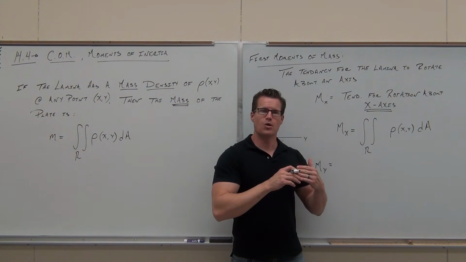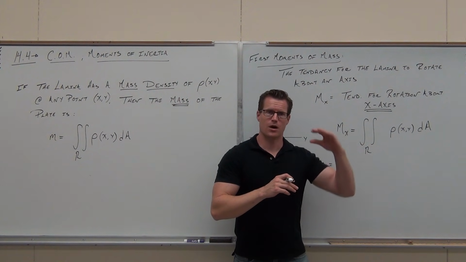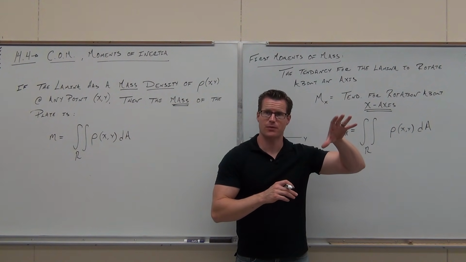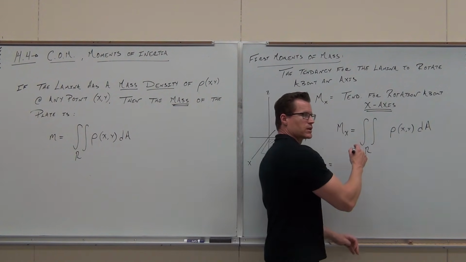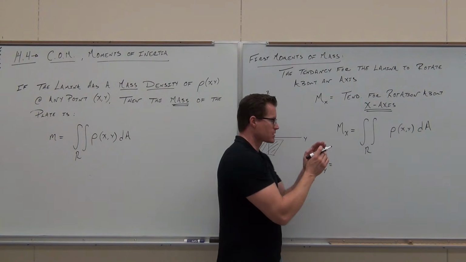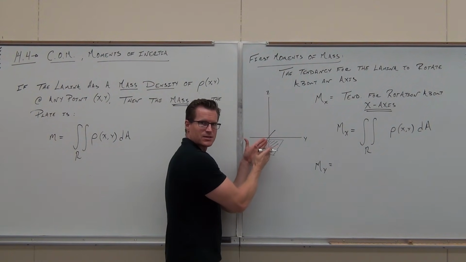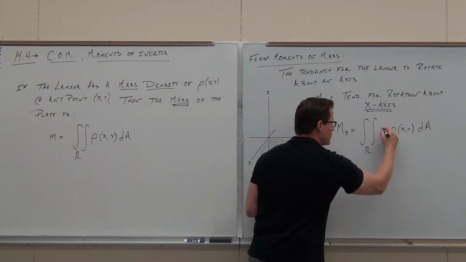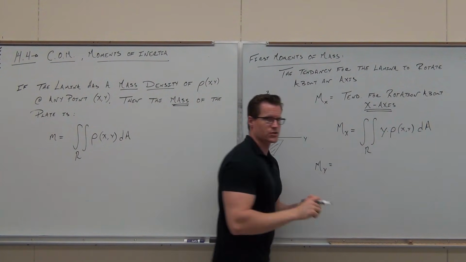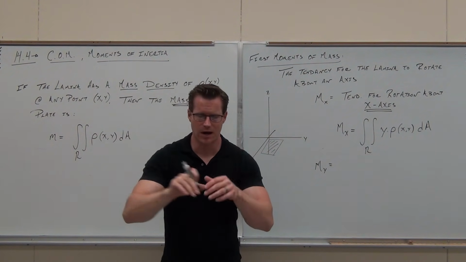To get the first moment of mass, the tendency to rotate about the x-axis, we're going to take the distance away from the x-axis. Well, the distance away from the x-axis is a y variable. So why the y?